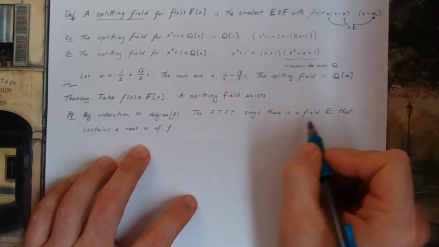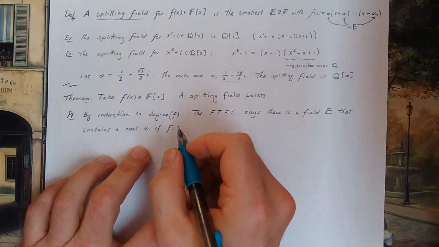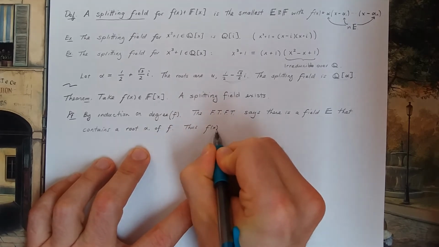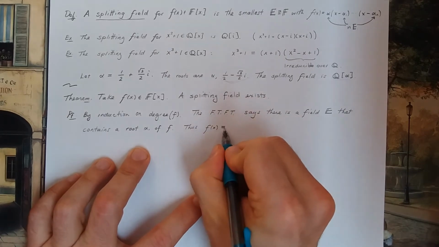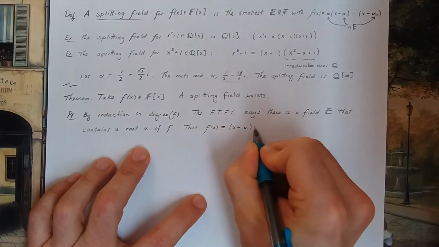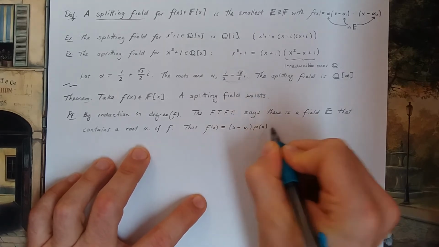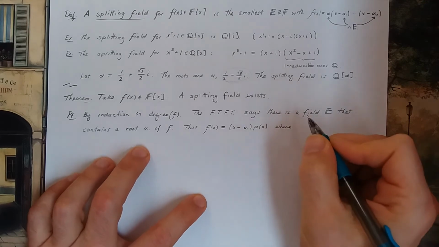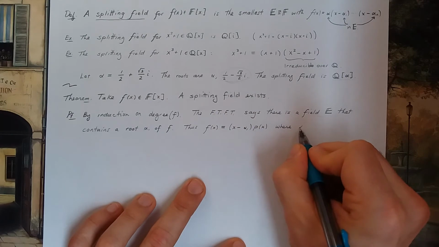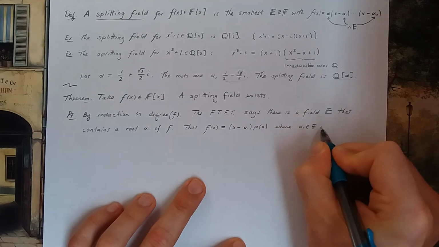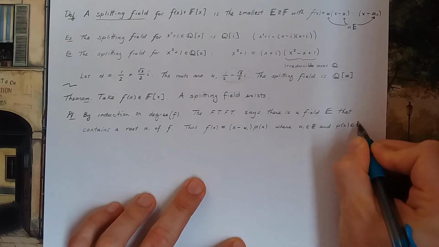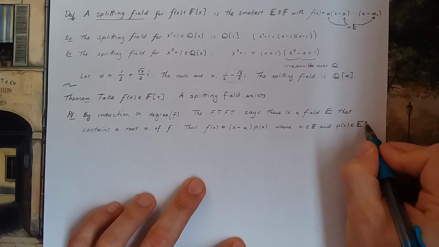So that's the field E. And thus I can divide and I can write f of x as x minus alpha 1 times some other p of x, where alpha 1 is in E and p of x is a polynomial possibly with coefficients in E.